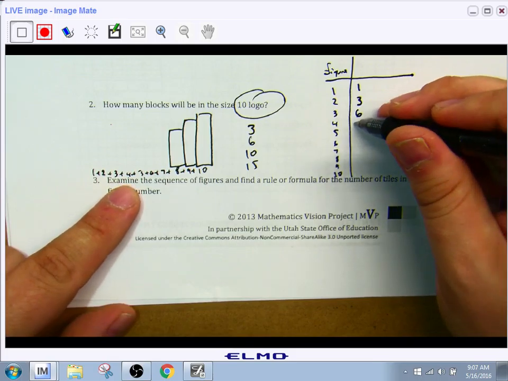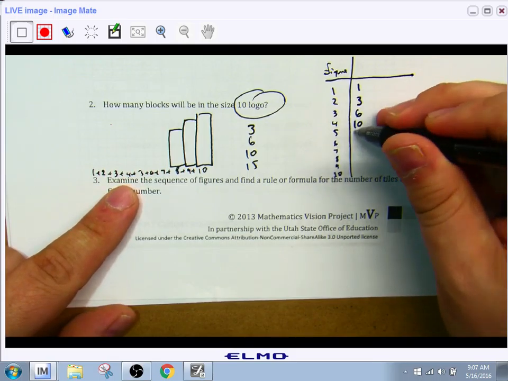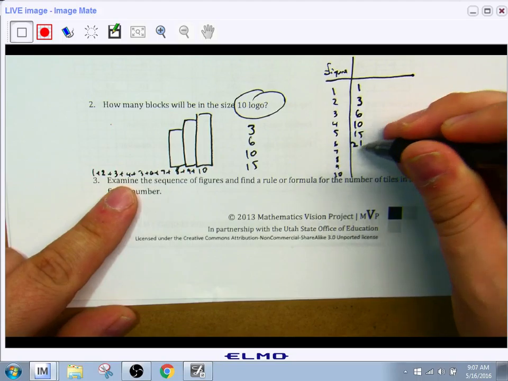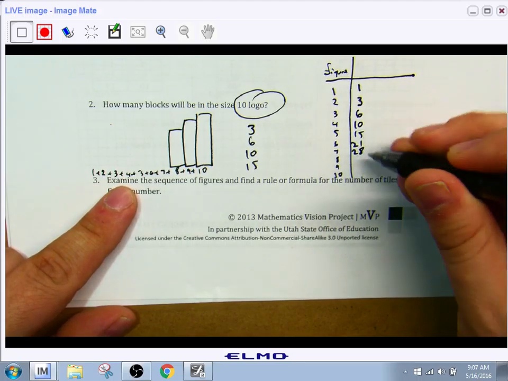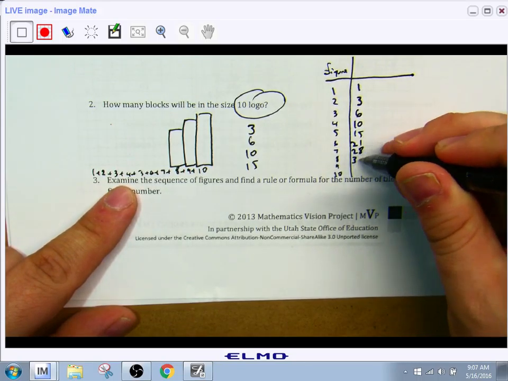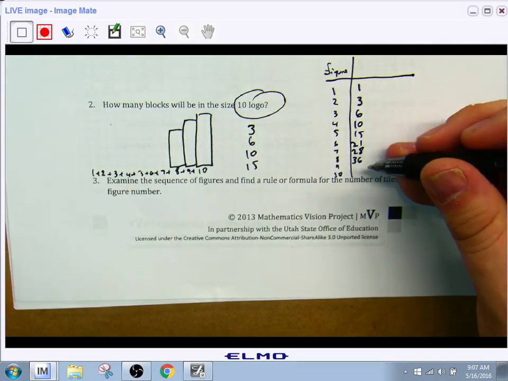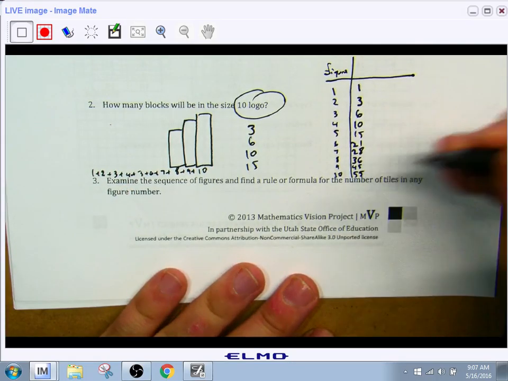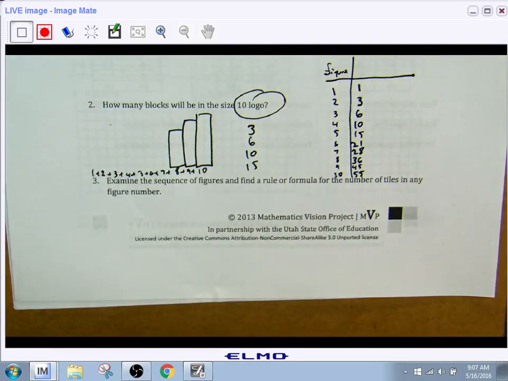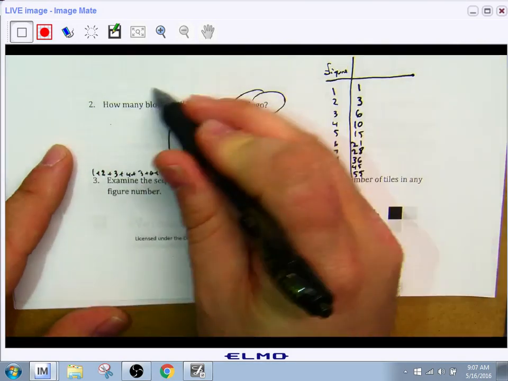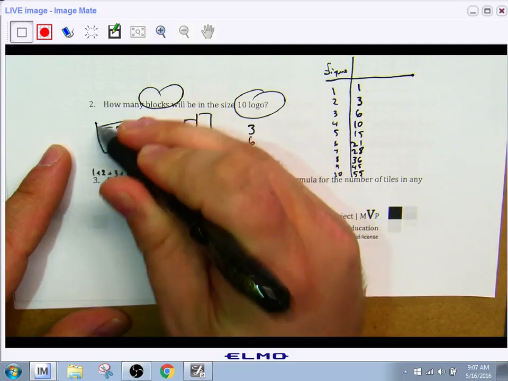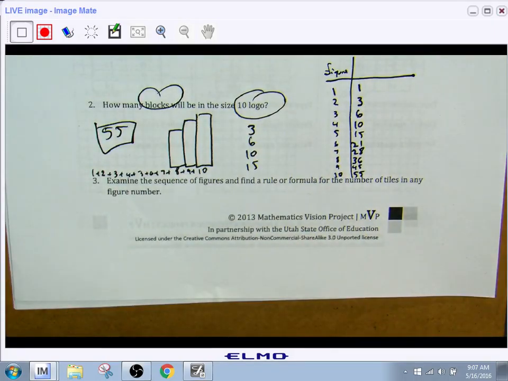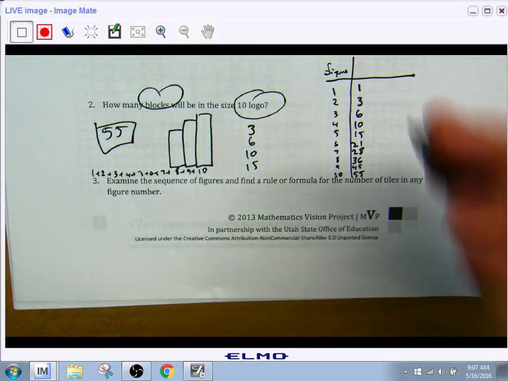Plus 4 is 10. Plus 5 is 15. Plus 6 is 21. Plus 7 is 28. Plus 8 is, what was that, 36. Plus 9 is 45. Plus 10 is 55. So how many blocks will be there? I will have 55. Okay? Does that make sense? Blocks.